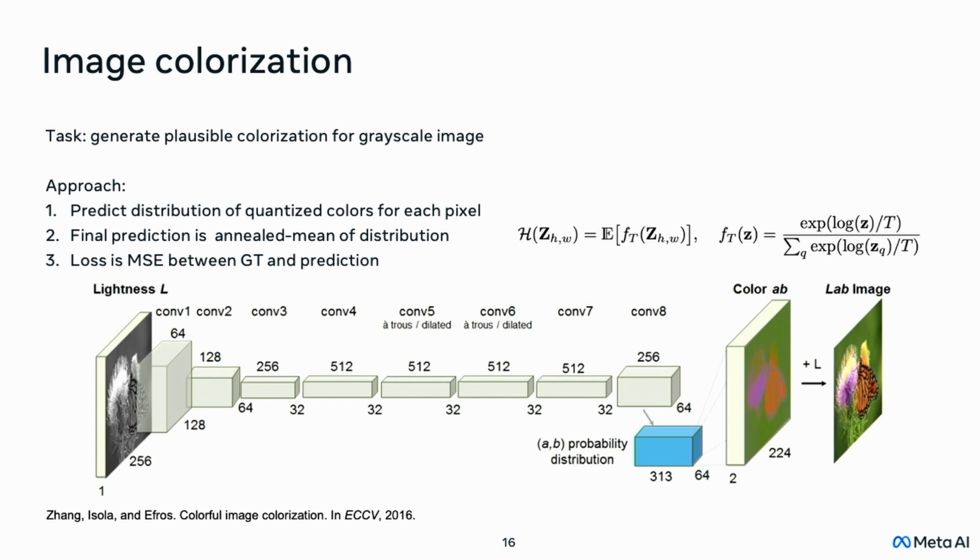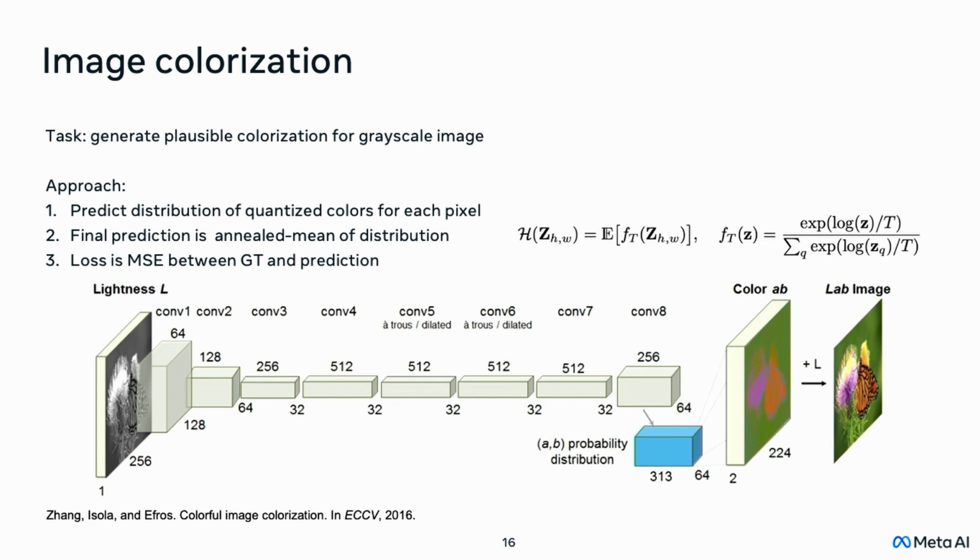Basically what you're going to predict are these logits, Z. Sorry, I don't have a pointer, so I hope you can see me. You're going to predict a set of logits Z, and then you're going to normalize them such that it gives you a probability distribution using some sort of damping parameter T, temperature. And then the point estimate you're going to make of the color is going to be the mean of that distribution, okay?